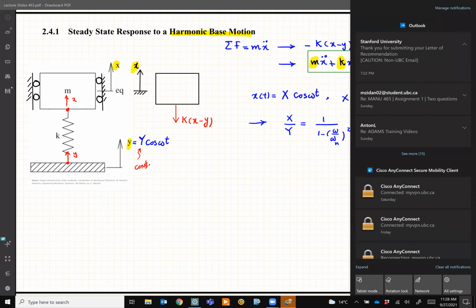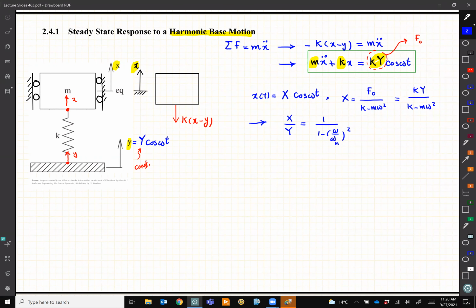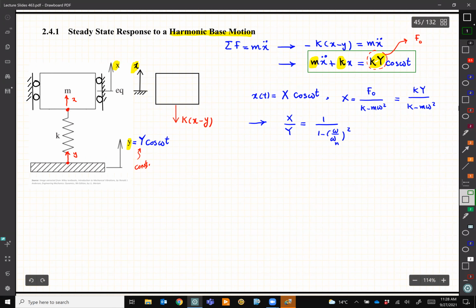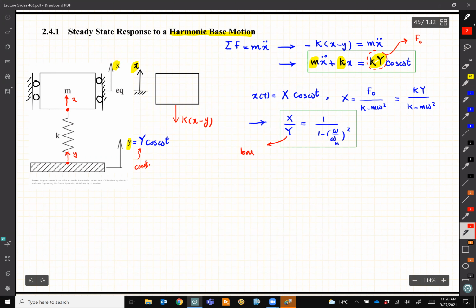Okay, so another again key formula, if I have a base motion, the ratio of the dynamic deflection to the base motion, right? This is the base excitation. It is the base amplitude, whatever number it is.